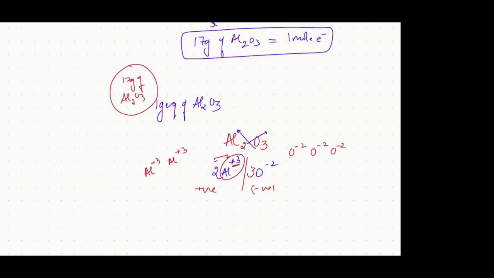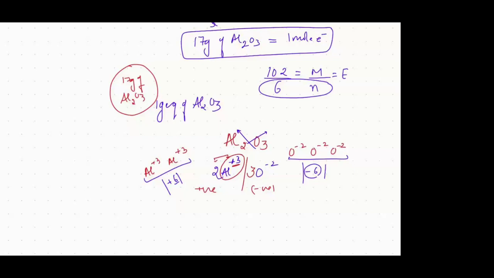So we would have a total charge of minus 6 here and a total charge of plus 6 here. If I just take the magnitude of the total positive or total negative charge, do you realize that is what I divided 102 by? So M by n factor is my equivalent mass. From here I can see that the n factor here is 6. Are you understanding?